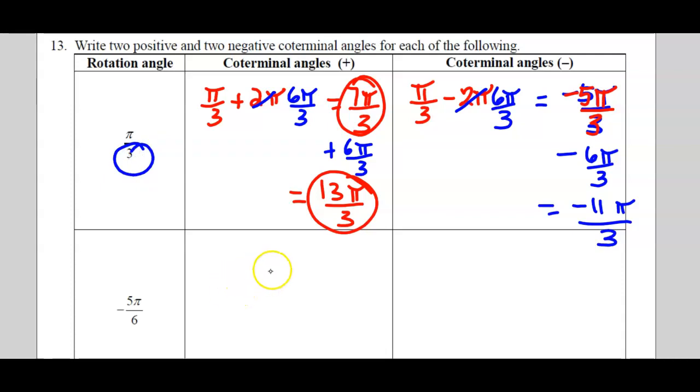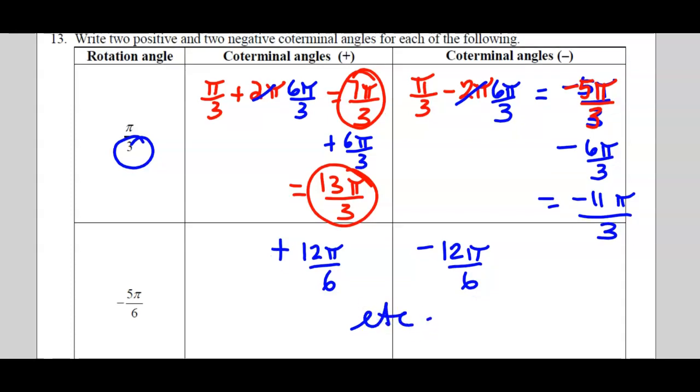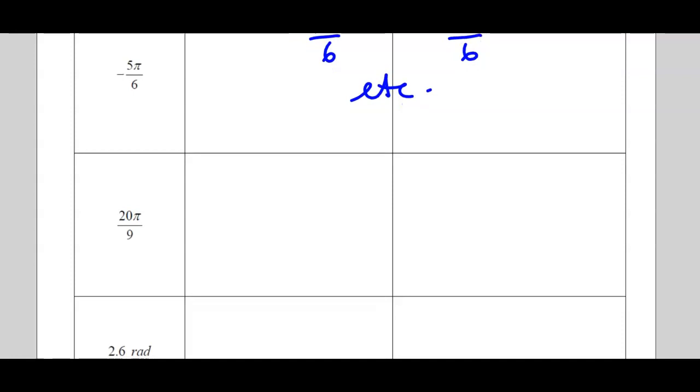So here you could add 12 pi over 6. Subtract 12 pi over 6 and multiples of that. Easiest way. So I'm going to leave it here. I'll just give you a hint. We could add 2 pi, which with a denominator of 9 would be 18 pi over 9.